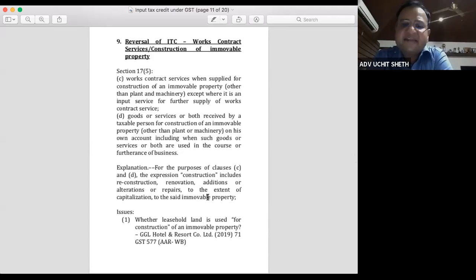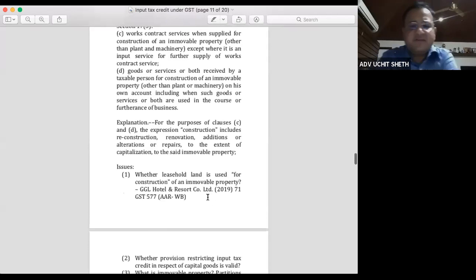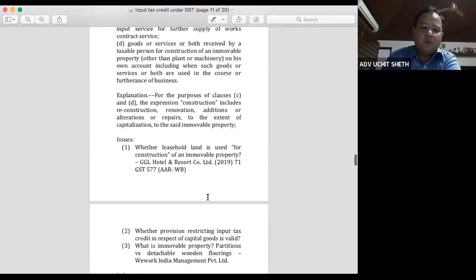D says goods or services or both received by a taxable person for construction of an immovable property other than plant or machinery on his own account, including when such goods or services or both are used in the course or furtherance of business. There is an explanation which says for the purpose of clauses C and D, the expression construction includes reconstruction, renovation, addition or alteration or repairs to the extent of capitalization to the said immovable property.